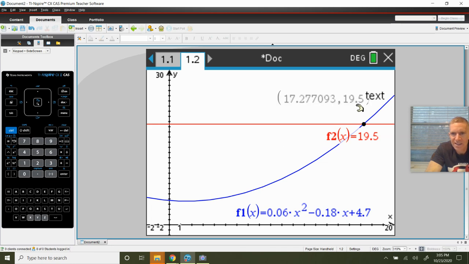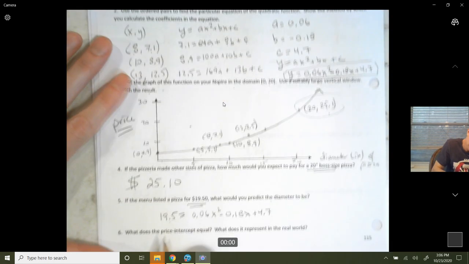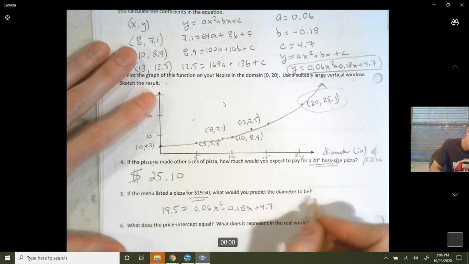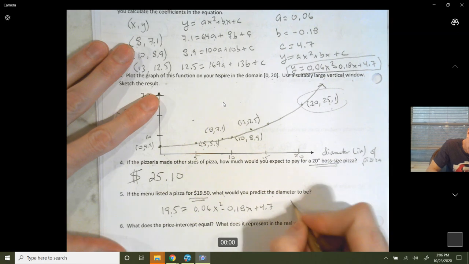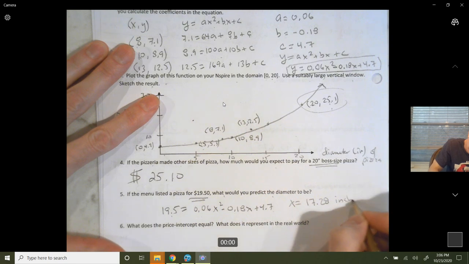Okay, so if it's 19.5, it's about 17.28 inches in diameter. So x would equal 17.28 inches in diameter.